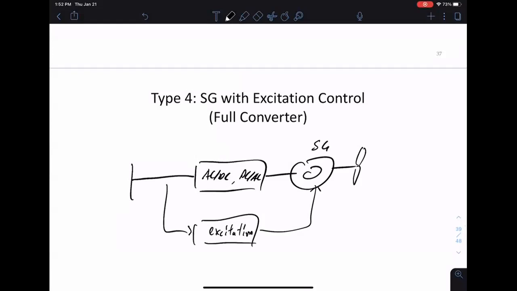We'll remind ourselves what the slip is, what developed power is, what the air gap power is. Then we'll build around that an equivalent circuit model, adding things like variable resistance and this AC, DC, DC, AC converter link, to think about them in one equivalent circuit. We'll start that next class.